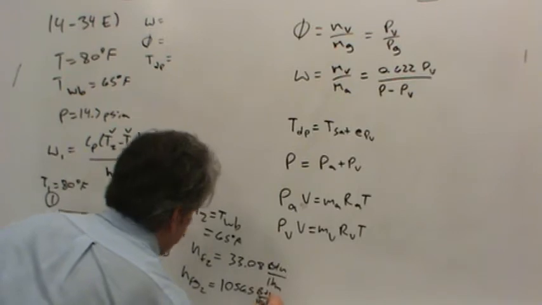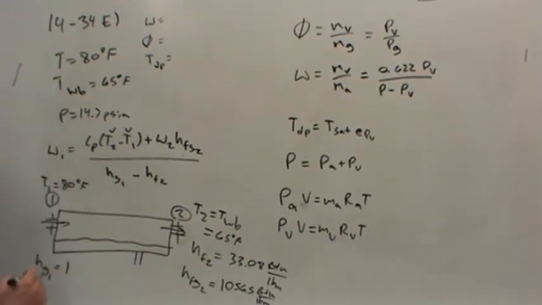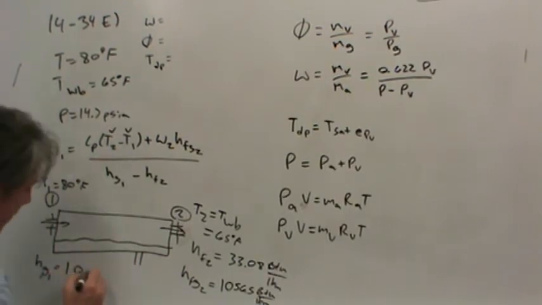Thank you. Now let's go look up the enthalpy at state 1 of saturated vapor. What do we get there? 1096.1? Thanks.